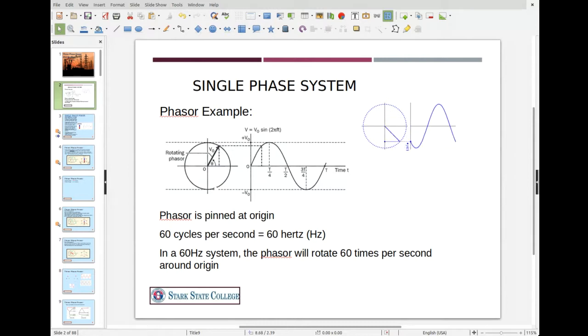As the rotor inside of the generator rotates, it's generating a sine wave. So there's a single sine, and as it rotates around the circle, we get our maximum and then our minimum there. That's a nice little graphic.